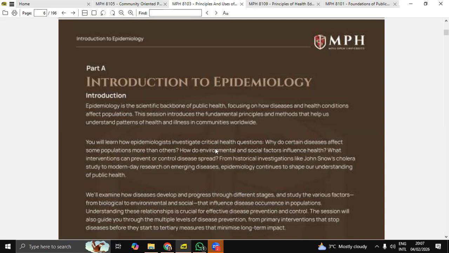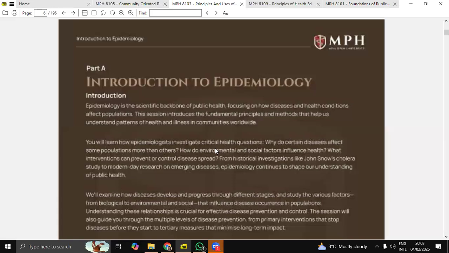So this study session, we're going to do our best to run through it. It's divided into 5 parts, to make it easier to keep at the back of our minds. The first is the definition and core functions of epidemiology.